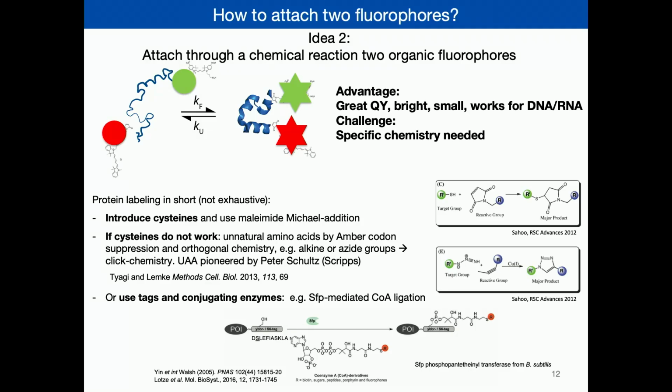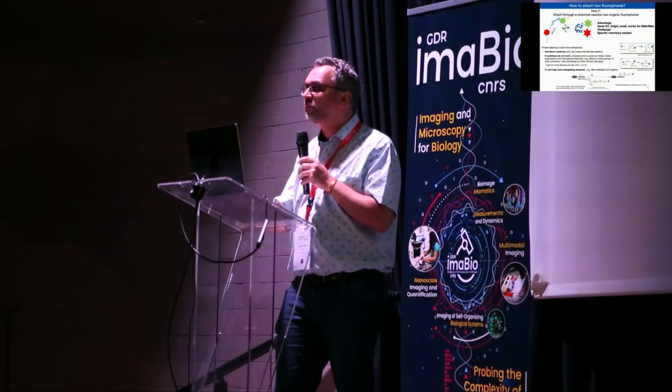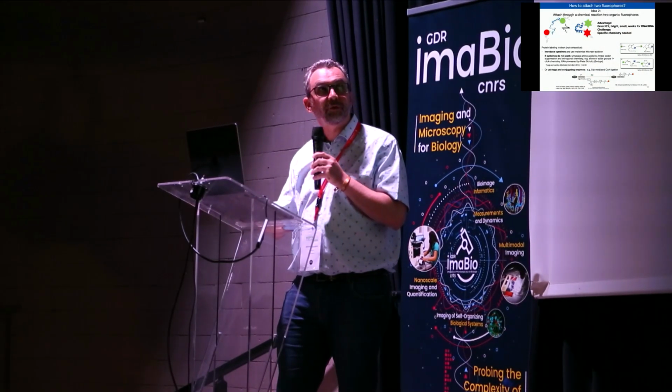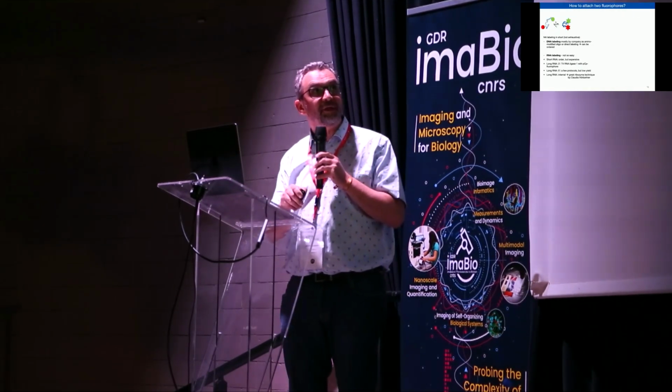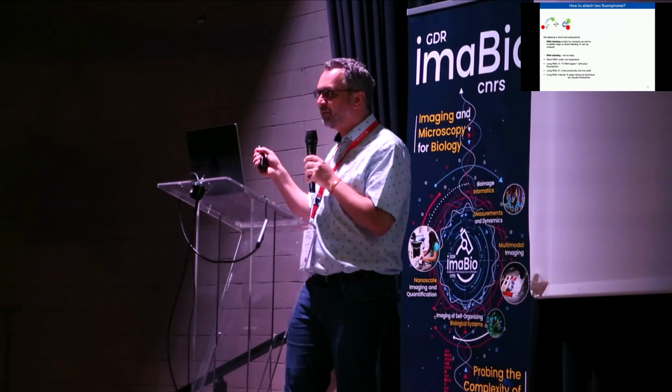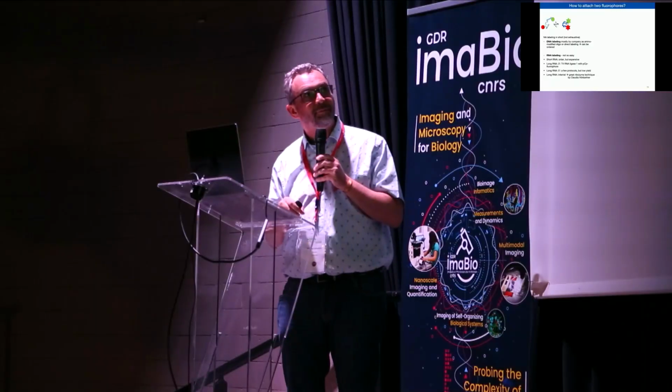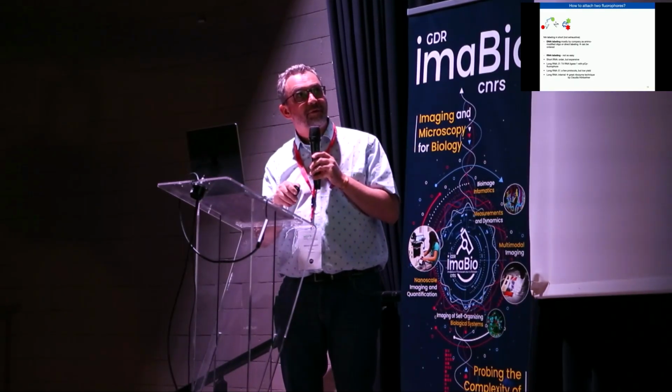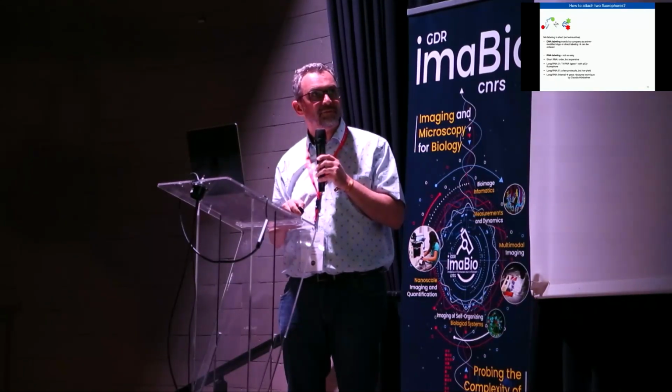That works great for a protein. Of course, we ask ourselves also, how does this work for nucleic acids? For DNA labeling, this is super easy. You go to a company and you order your labeled oligo. It costs you a little bit of money, but you can order it either with your fluorophore or with an amino modified base.